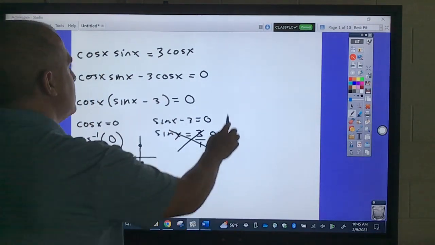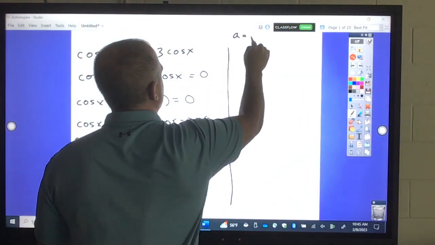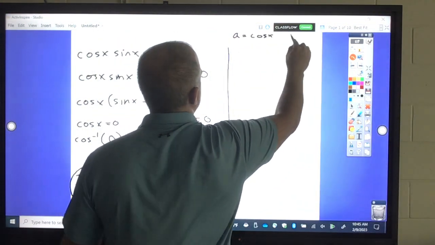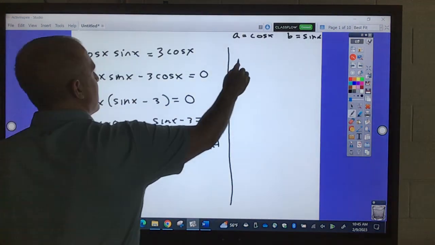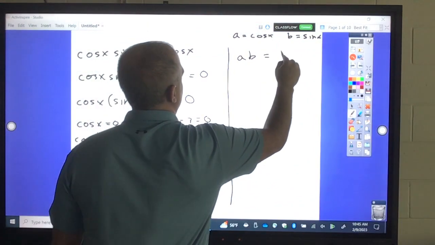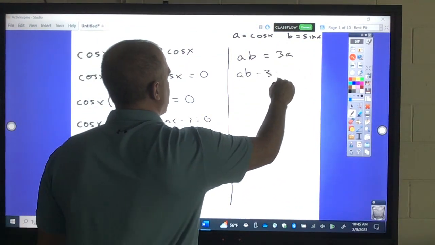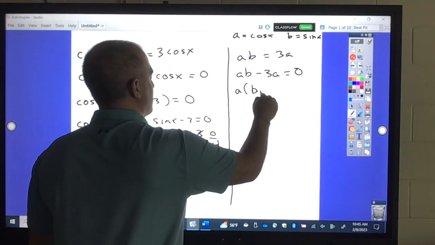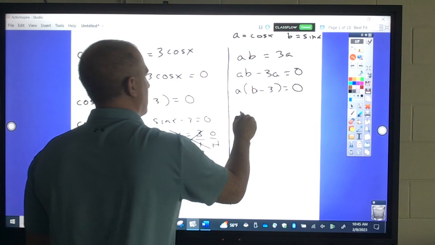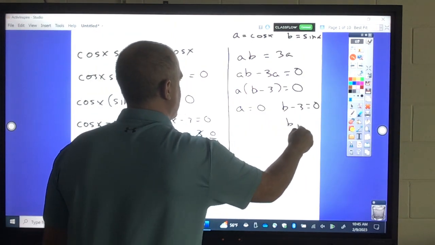Now, if you wanted to at the beginning, if this helps you out, say A is cosine of x, and let's say B is sine of x. What you could have done is AB equals 3A, and then move that back over. AB minus 3A equals 0, and you would take out the A, so it'd be B minus 3 equals 0, A equals 0, B minus 3 equals 0, B equals 3.